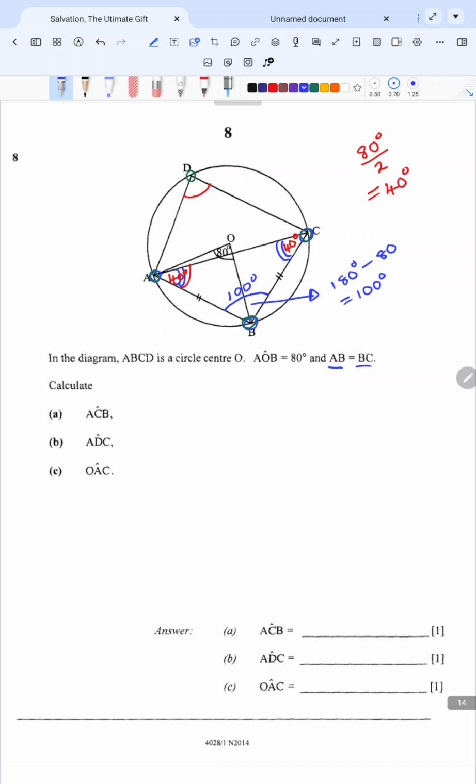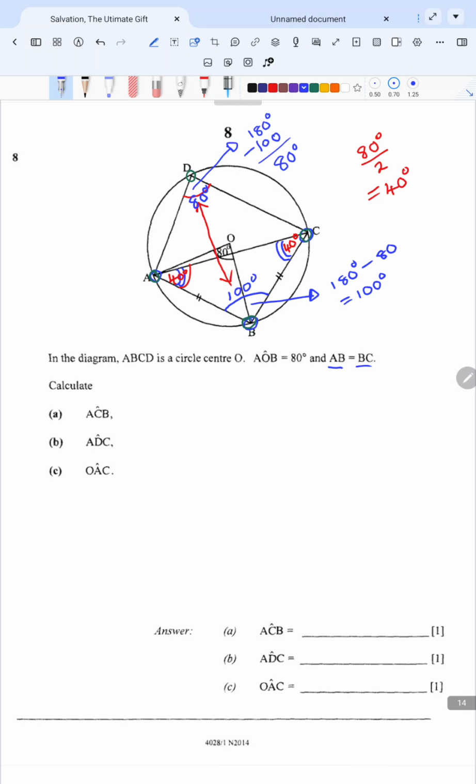But this is not the required angle, but it is going to lead us to the required angle. You can clearly notice that this 100 degrees here is opposite to the required angle at D. And opposite angles in a cyclic quad add up to 180 degrees. So to find angle at D, you are saying 180 degrees less 100 degrees at B, you get 80 degrees. I hope you are following. So we have 80 degrees here at D.